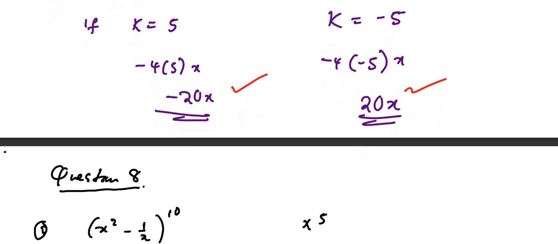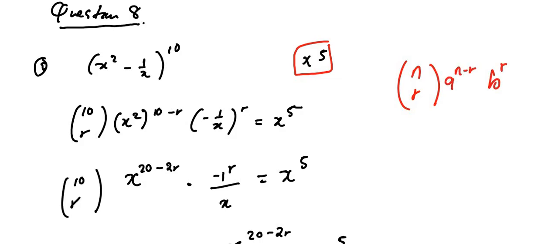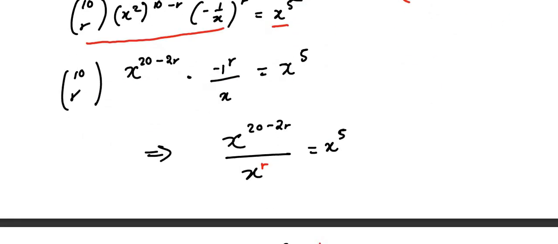So the first one, they're saying the term that has x to the power 5. What term is it? So we're using the nth term formula, which is simply n choose r, then a to the power n minus r and b to the power r. So this expression here is going to be used. This is what we did, and equate it to x to the power 5. Then from here, we're simply getting the portions that have x alone.